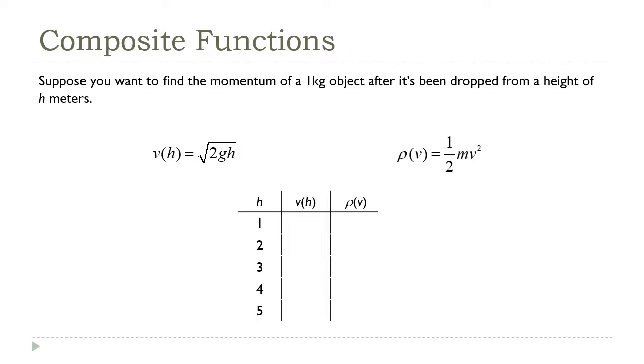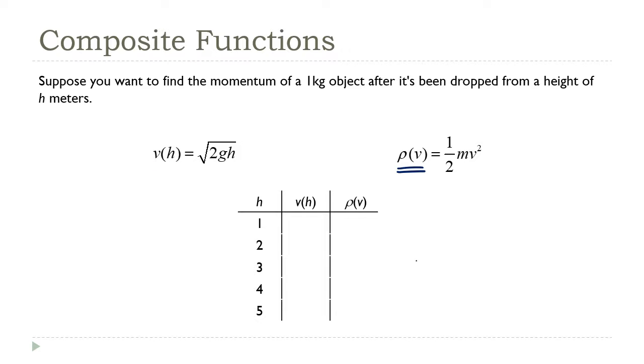What there is, is a formula that we can use to calculate the velocity of an object that's been dropped from a certain height. And then there's another formula that I can use to calculate the momentum, that's what we're looking for, of an object based on its velocity. So you see this is kind of turning into a two-step process.